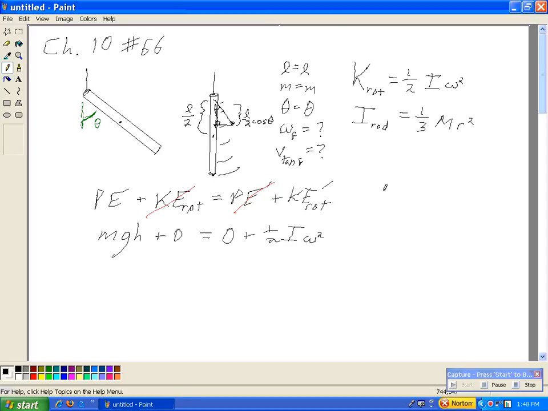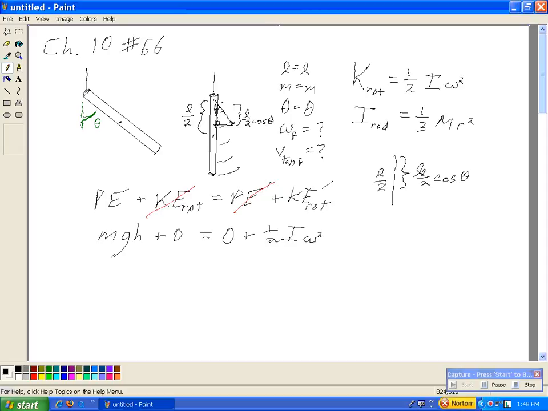Essentially what we're doing is we're taking the side that's not straight down. So that's L over 2. Or subtract this amount, L over 2 cosine theta.